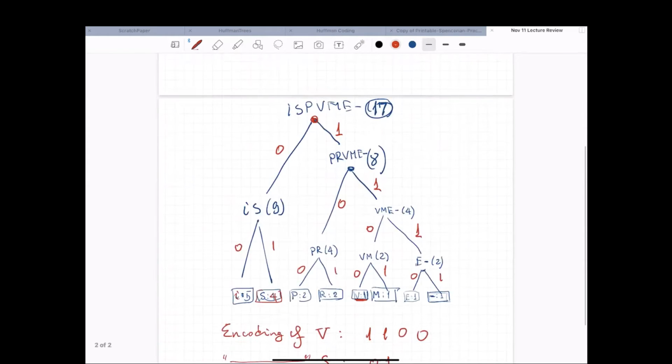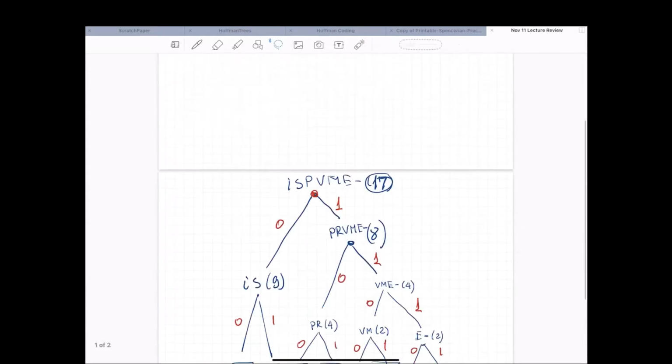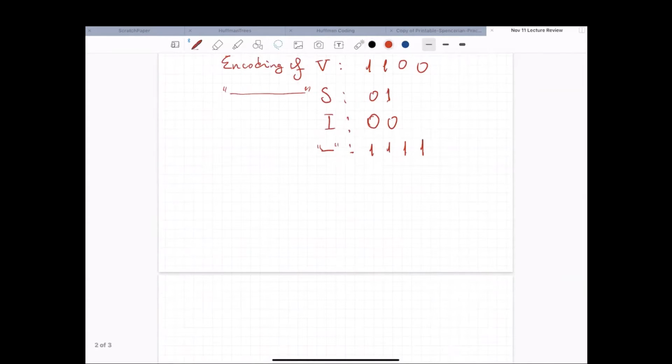Now let's see how many bits it takes to represent "Mississippi River." Okay, let me just write it. Let's just send the Mississippi River.